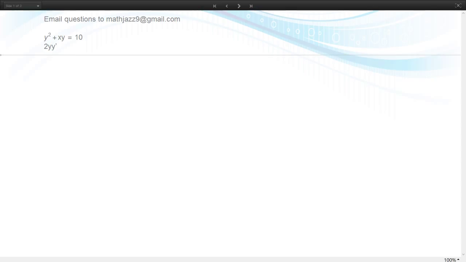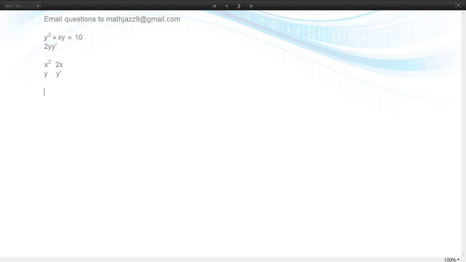Actually, let's do this one time using our chart. Our outside function is x squared, and our inside function is y. So the derivative of x squared is going to be 2x, and the derivative of y is y prime.